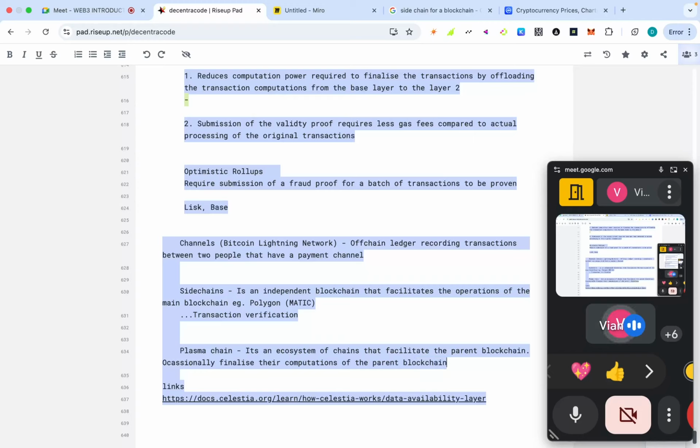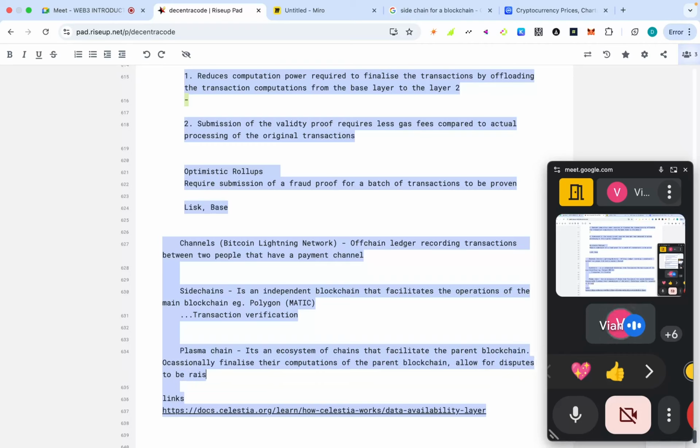And just like in optimistic rollups, they also allow for disputes to be raised in a particular window before finality is achieved. Yeah, so essentially that is it.